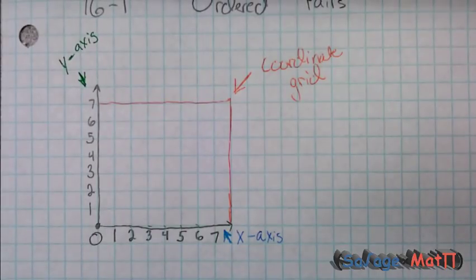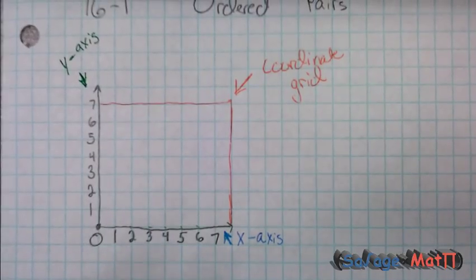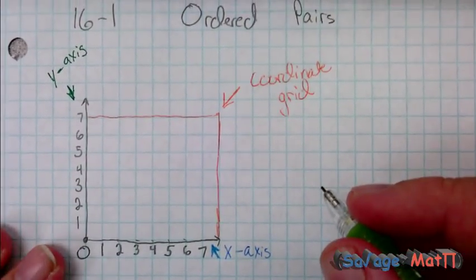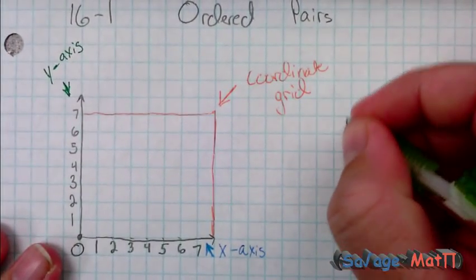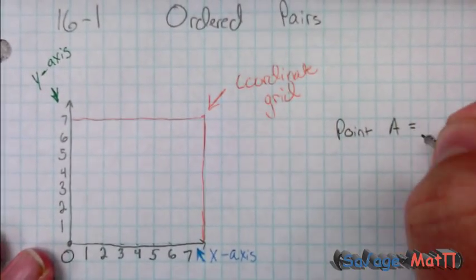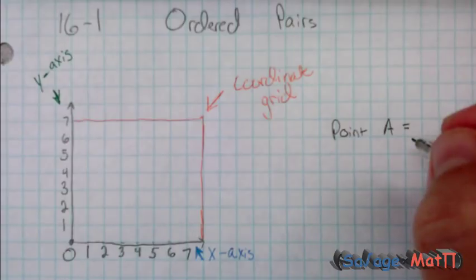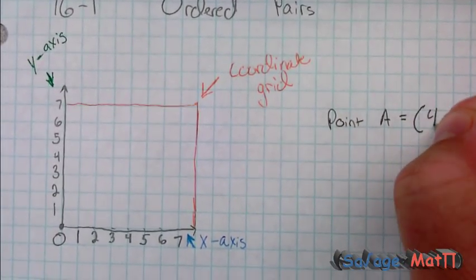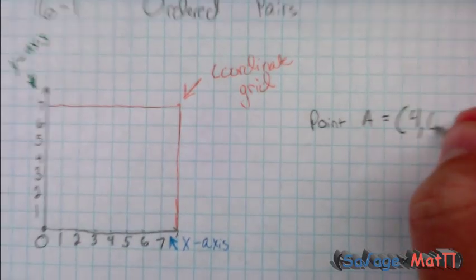Now we're going to label point A, and we're going to find it on a graph. The coordinates for point A, or the ordered pair, are 4, 6.